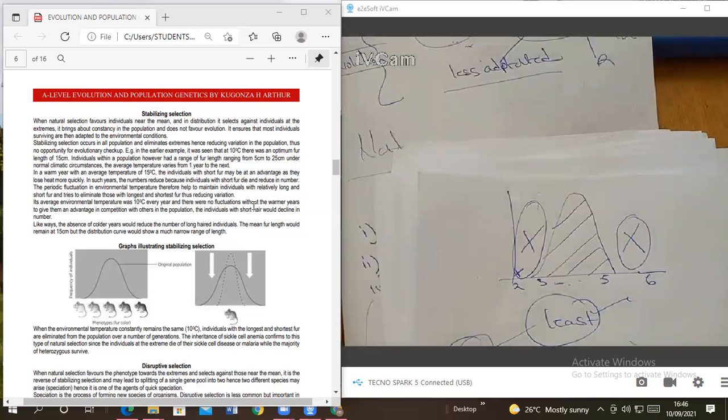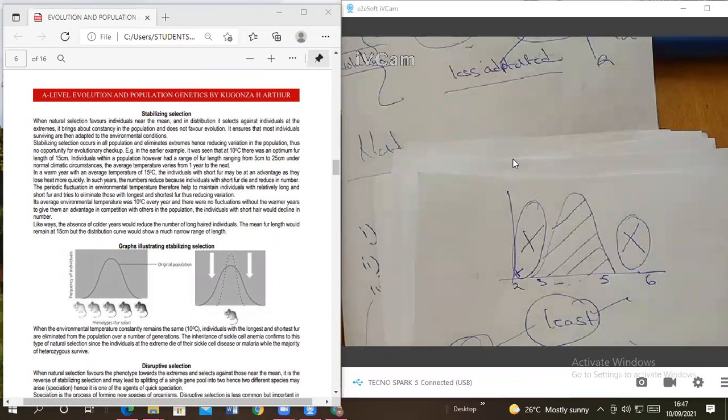Yes, Okelo. This one doesn't lead to evolution because if the selection pressure is constant, then there is no need for the organisms to evolve.